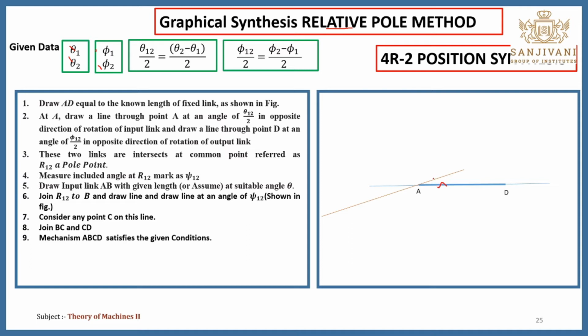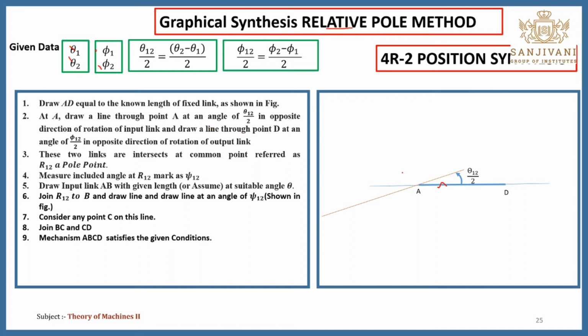Now, in this case, you have to draw a line through point A at an angle of theta 1,2 by 2. Why have we taken this angle in the anti-clockwise direction? Because in this case, we are assuming that the input link rotates in the clockwise direction.